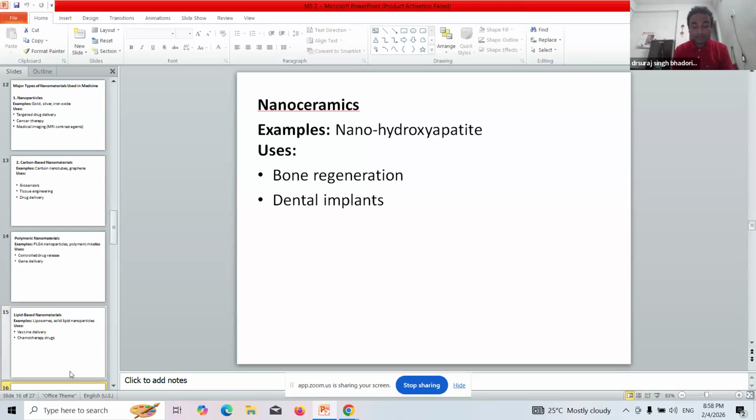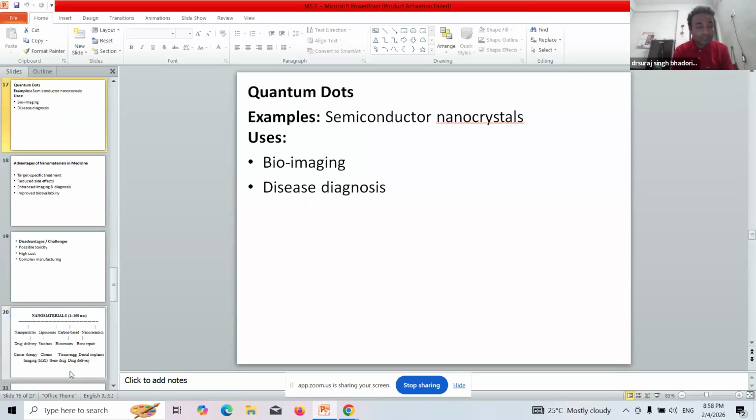The next one is the quantum dots. This quantum dots, this is the semiconductor nanocrystals, because they act in three dimensions. X, Y, Z. This is one plane, this is another plane, X and Y. Now this is 2D.